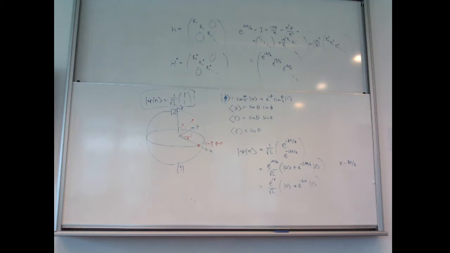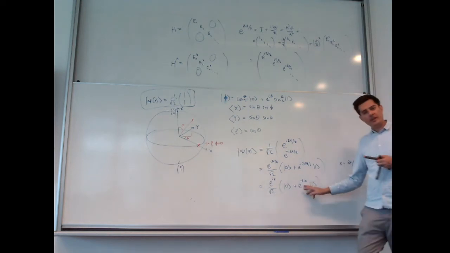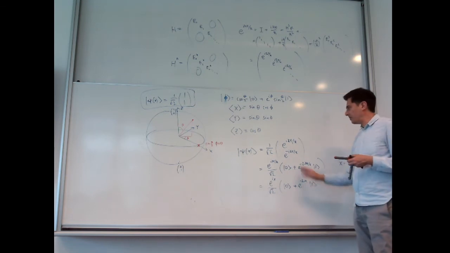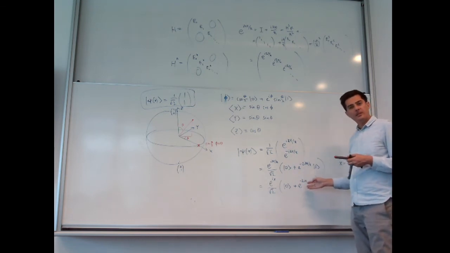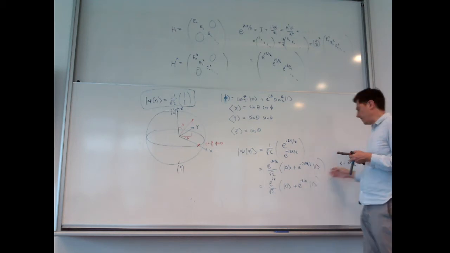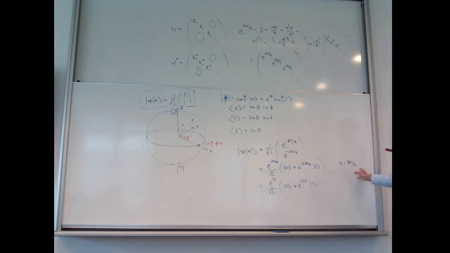Is it just a coefficient or a matrix? The exponential? Okay, maybe I shouldn't have called it x. This x has nothing to do with that x. It's just some number, that bunch of numbers. It's some magnetic field, some time, h bar we know.